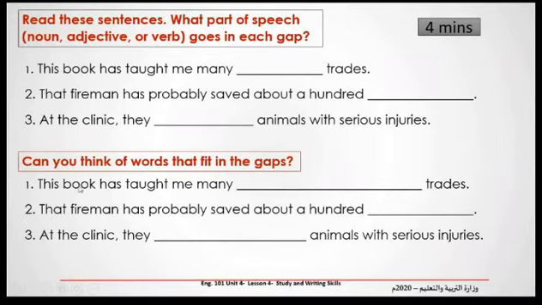In the next step, think of the words that fit in the gaps. So, in the first part, you'll think about the part of speech, a noun, adjective, or verb. And in the next one, we've got the same sentences, but think about what words fit in the gaps. You've got 4 minutes to think about this exercise.